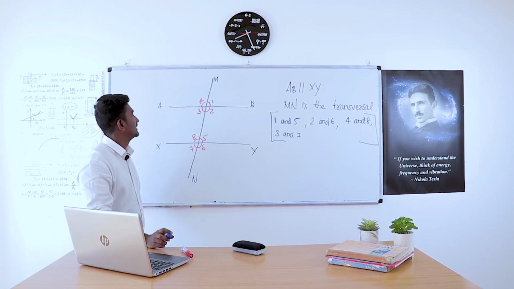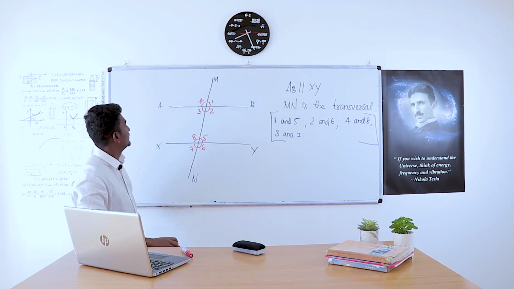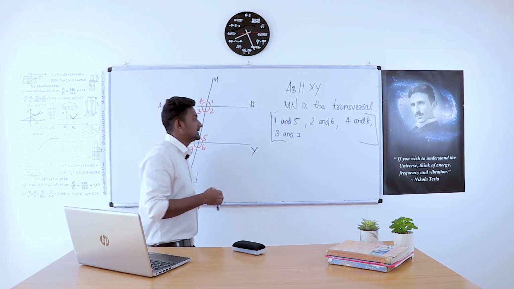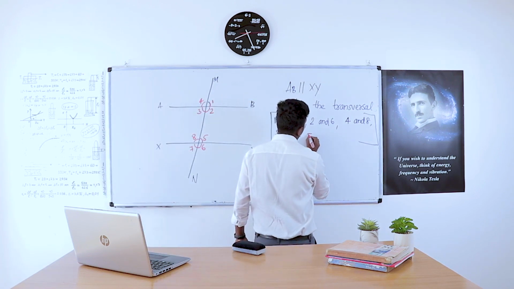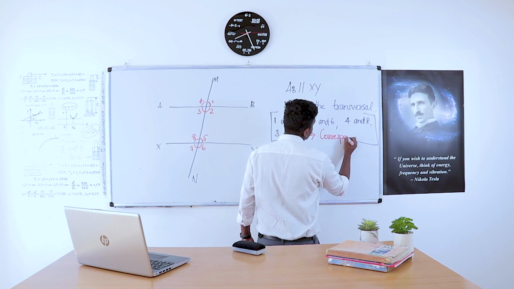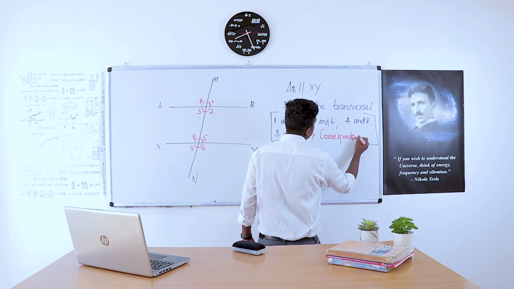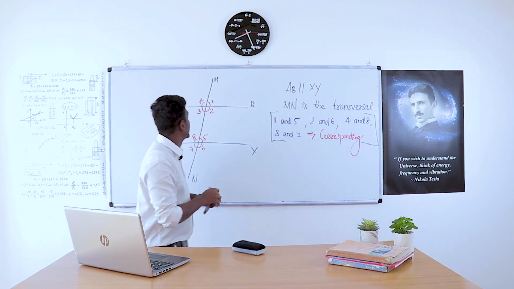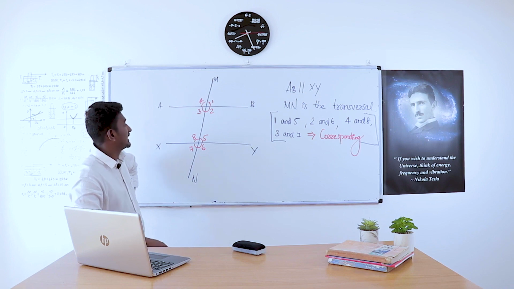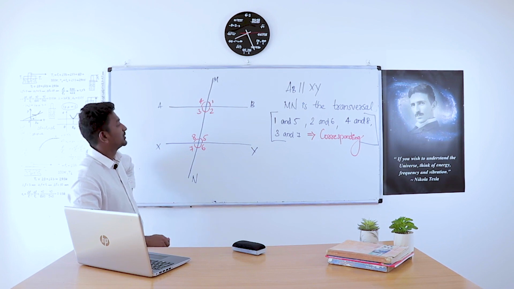They can be called corresponding angles. So angles 1 and 5 are corresponding angles. Angles 2 and 6 are corresponding angles. Angles 4 and 8 are corresponding angles. Angles 3 and 7 are corresponding angles.